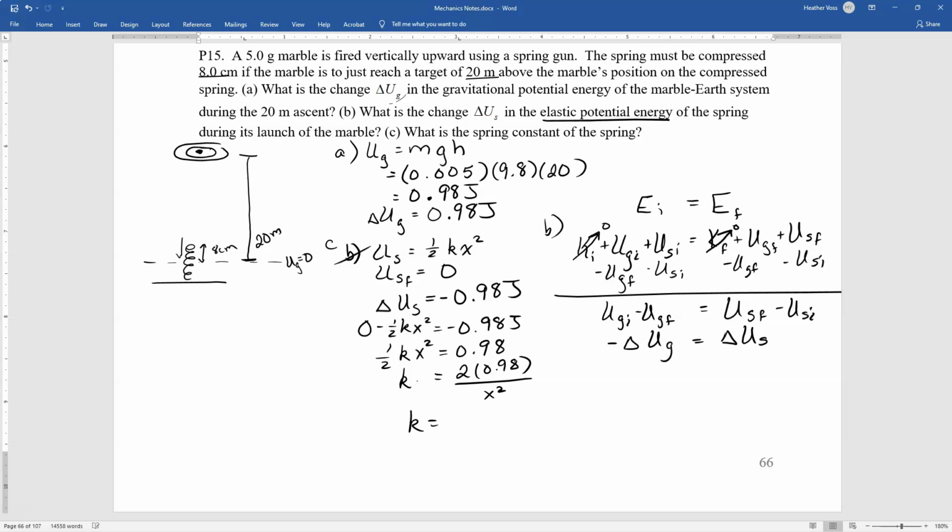So k is going to be 2 times 0.98 divided by, I need my distance in meters, so that's going to be 0.08 meters squared. And when I work all of that out, I'm going to get about 310 newtons per meter as my spring constant. So that's how we can use conservation of energy to find that spring constant.